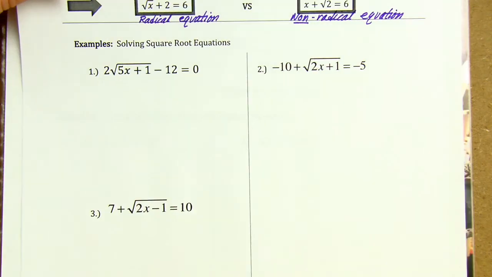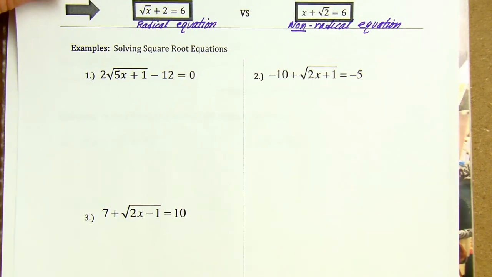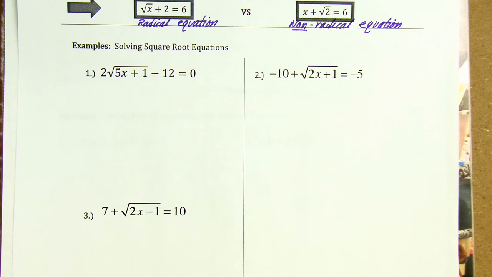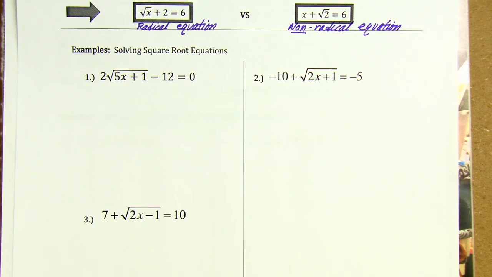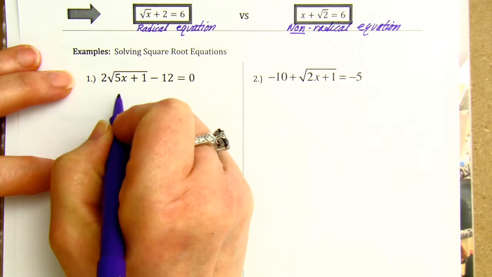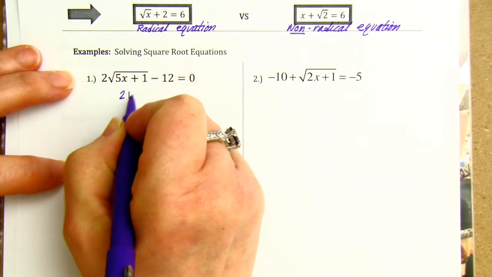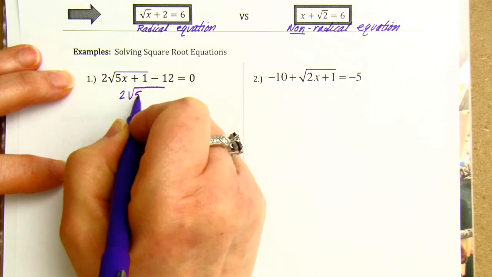All right, examples of solving square root equations. We have a few on here. First one, I need to get the radical by itself. There's a 2 in front of it, and there's a negative 12 behind it. I must get rid of those first. I'm going to do one step at a time. 2 times the square root of 5x plus 1.